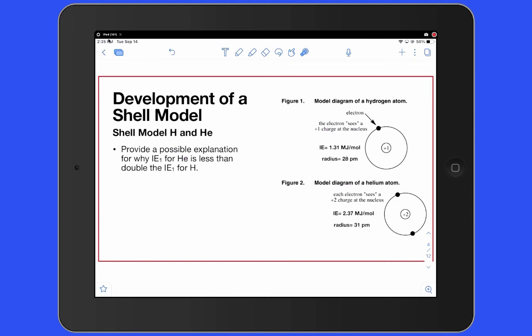So the distance between the nucleus of hydrogen and the electron is 28 picometers, and the distance between the nucleus and the electron in helium is 31 picometers. That distance got a little bit bigger, right? Which means the attraction does what? It gets smaller.